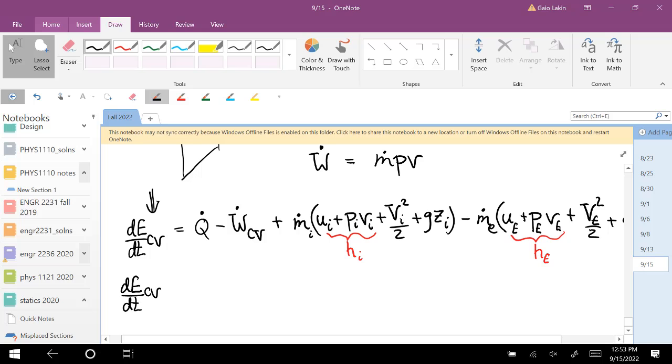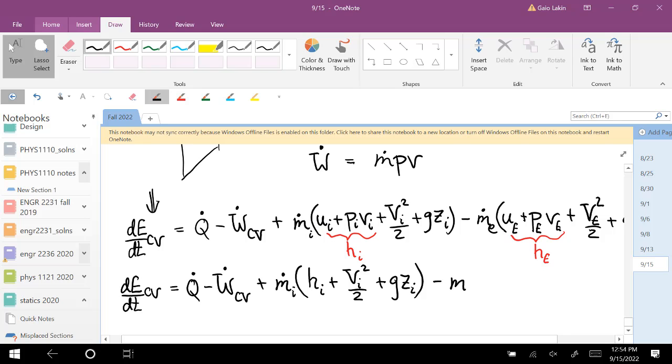The change of energy in the control volume with time is equal to Q dot, the heat coming in, minus the work done by the control volume, plus the mass flow rate at the inlet times the quantity, specific enthalpy at the inlet, plus the speed at the inlet squared over 2 plus gz at the inlet, minus the mass flow rate at the exit times the quantity specific enthalpy at the exit plus the speed at the exit squared over 2 plus g times z at the exit.